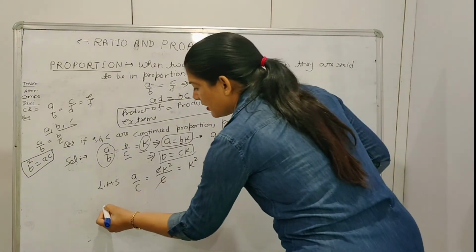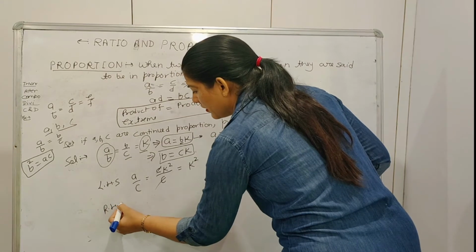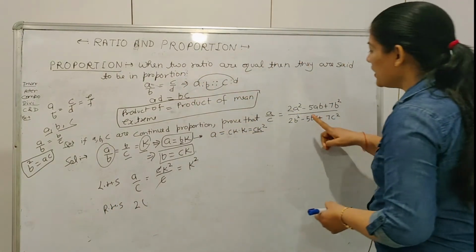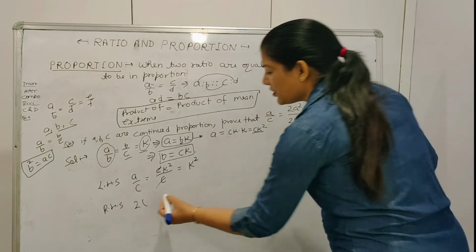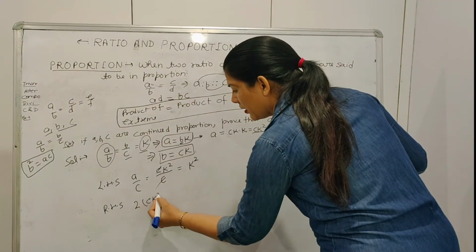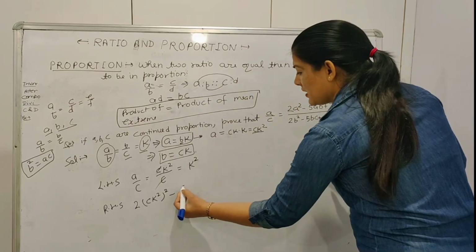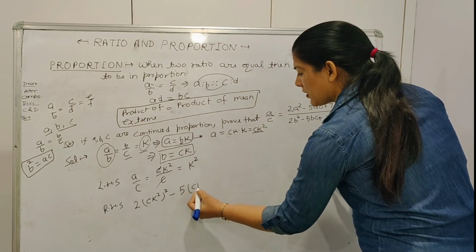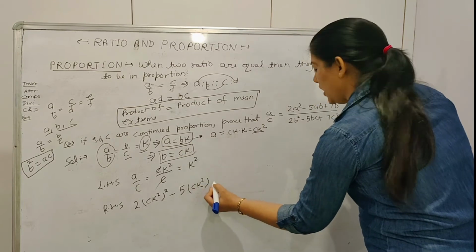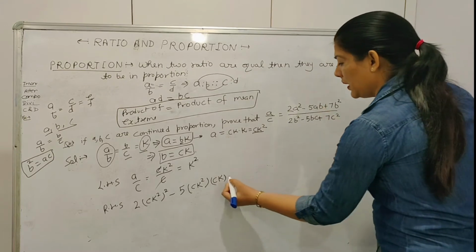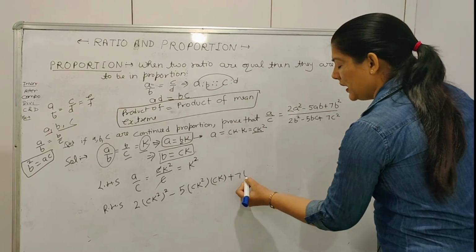Okay, so consider the right hand side, which is 2A square. Now place the value of A here, which is CK square to the power 2, minus 5 into CK square into CK in place of B, plus 7B square.